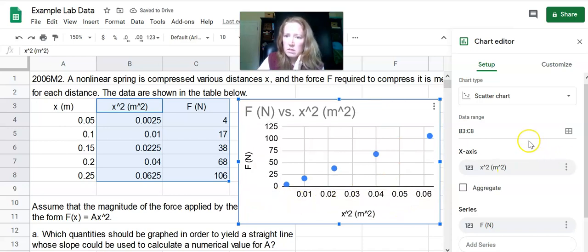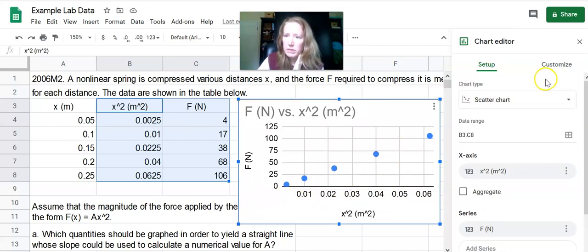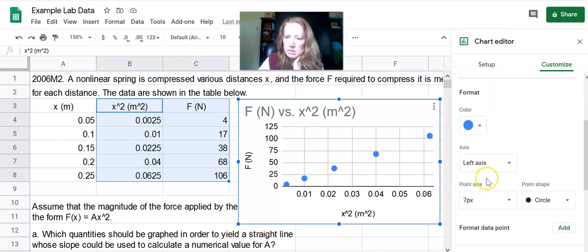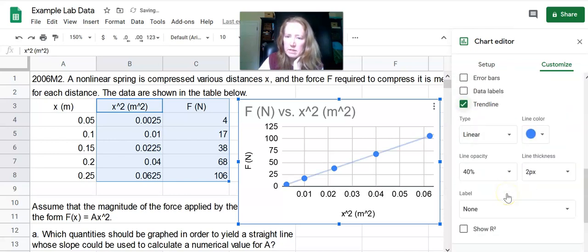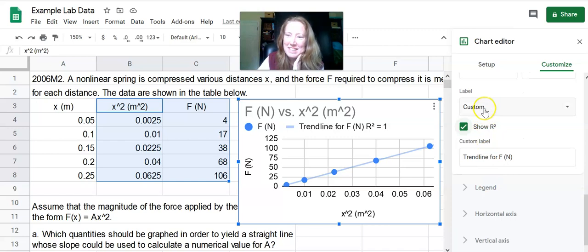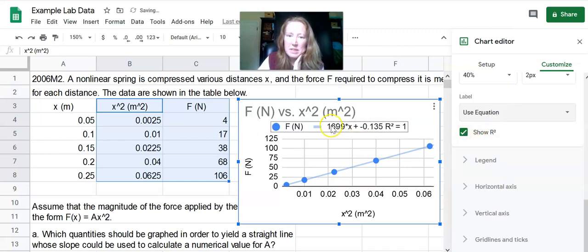And if I put a line with it, hopefully I'm going to get an r squared that's very close to 1. So if I fit that trend line and show the r squared value, wow, look at that, it's 1. They gave me data that was really nice. And I get a really large coefficient for A here. So then I've gotten my value for A.